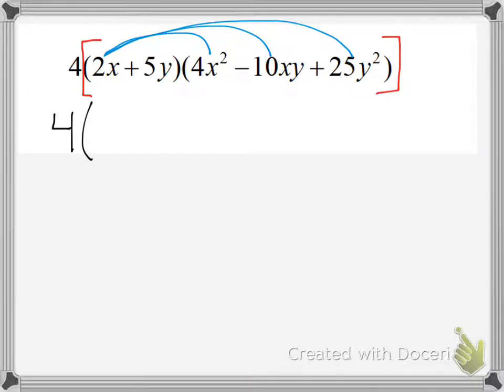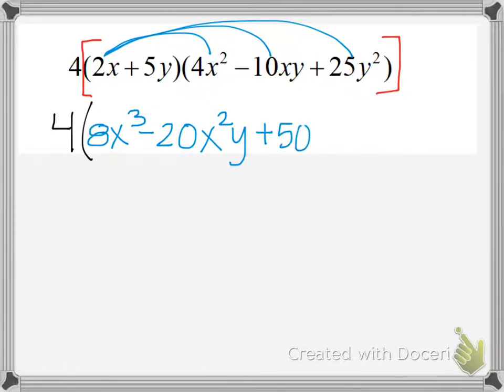So when I distribute the 2x to the 4x squared, I get 8x cubed. When I distribute it to the minus 10xy, I get minus 20x squared y. And when I distribute it to the plus 25y squared, I get plus 50xy squared. All right, now let's distribute the 5y.